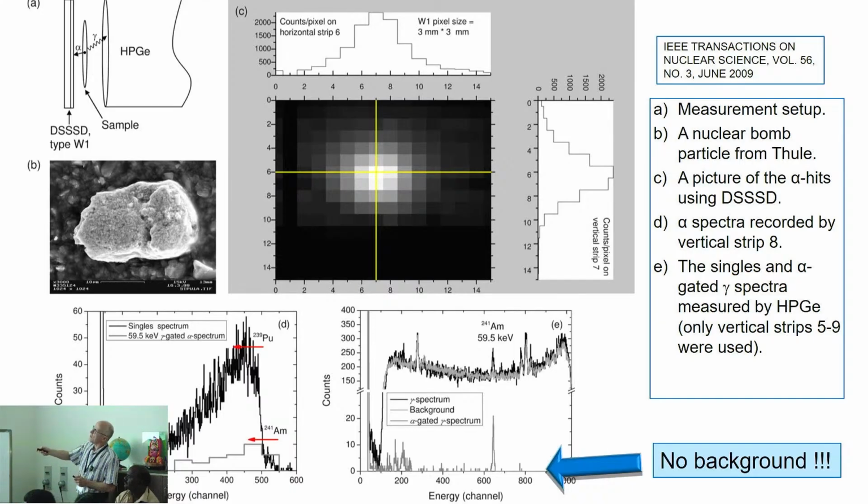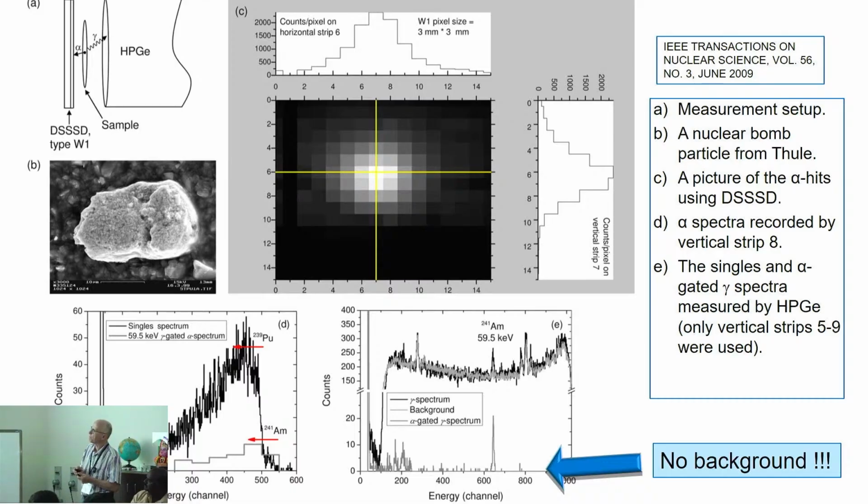And you can see here the number of counts for strip 6. The horizontal strip, this one here, and this is the vertical strip here. So we can see the location of the particle. Remember that each strip is 3 millimeters in size.